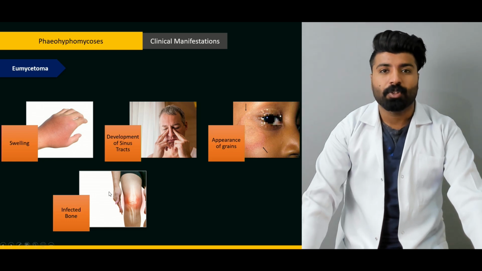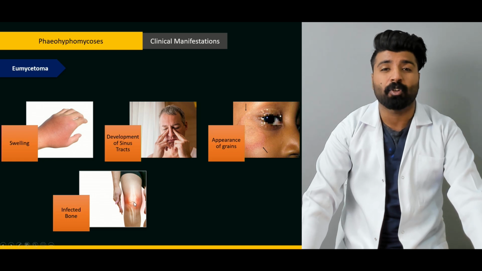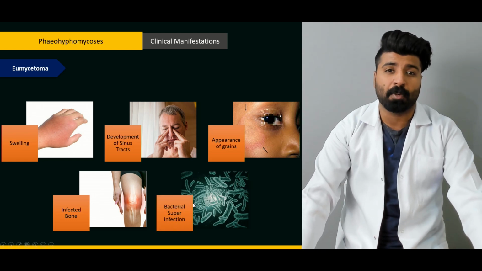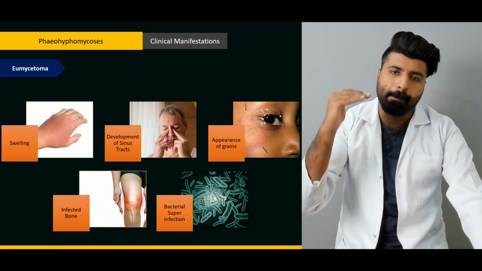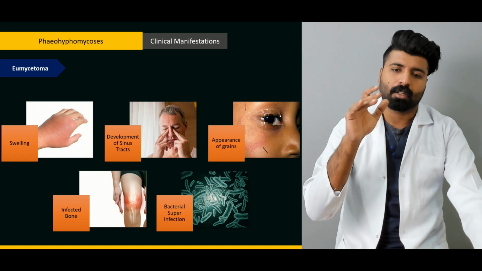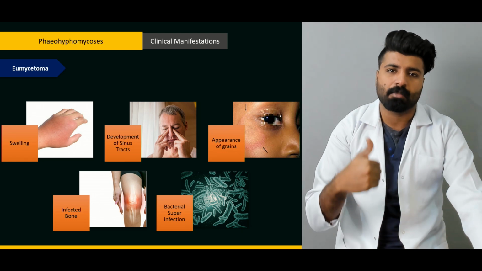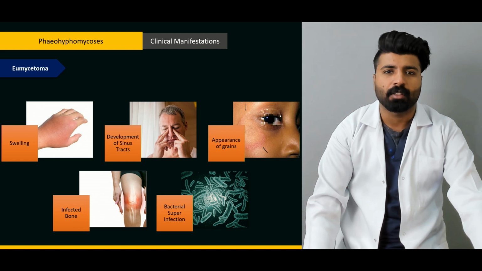Infected bone, we talked about it, we saw it in the picture, but most probably it's going to be your knee bone, knee joint bones are going to be affected. And next on comes bacterial superinfection. What is bacterial superinfection? The meaning of superinfection is that it's superimposed on something. It means there was a fungal infection, the immunity got to its lowest levels, and the bacterial infection came in and made good use of it, without having to face any kind of immunity.